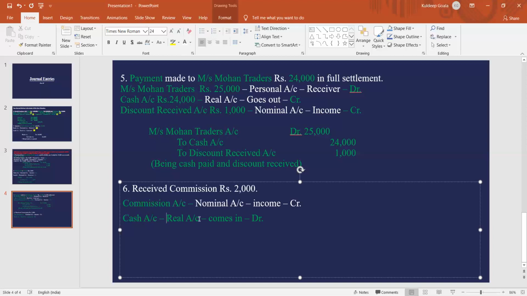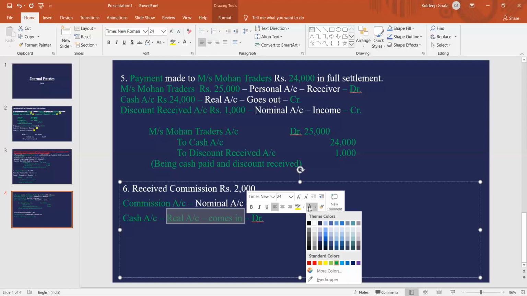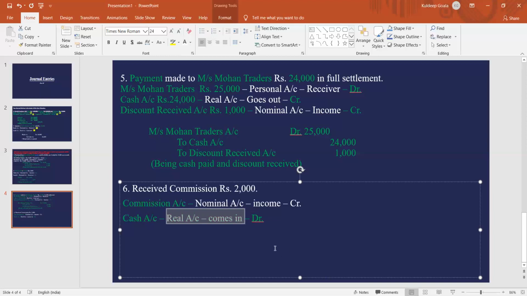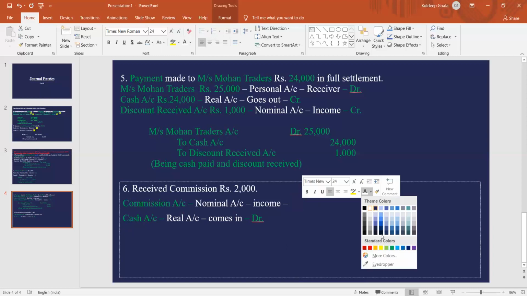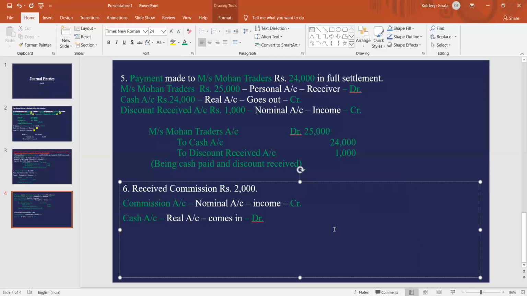So ultimately, what did you understand in this particular transaction? If you are receiving commission, that means cash is coming in, so cash will be debit. And commission is your nominal account and it is income for you, so income will be credit. So the journal entry will be very simple. What will be the journal entry?